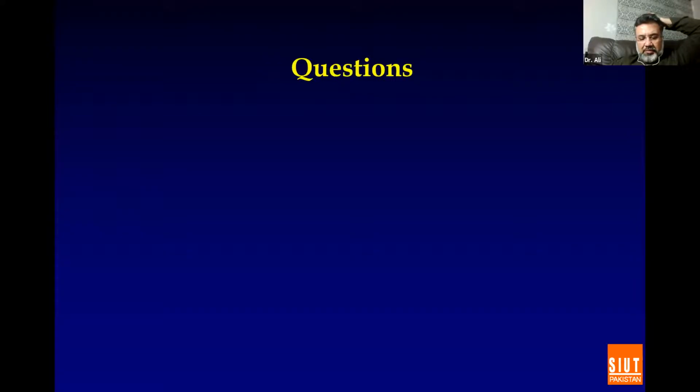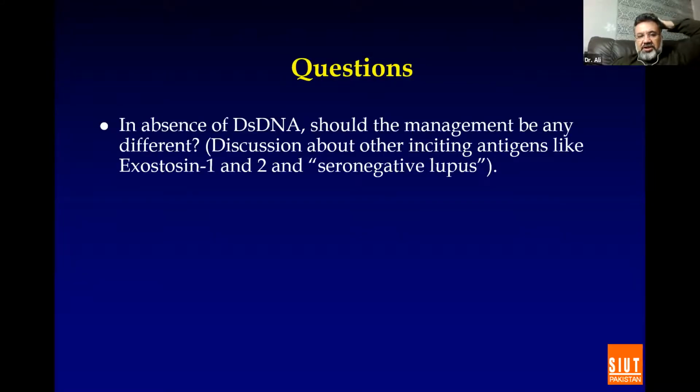The reason why we brought this case for discussion is that we're still not sure. Firstly, if the dsDNA is negative, given the whole pathophysiology of lupus, and the main antigen of dsDNA is not there, is there an entity that we call seronegative lupus?